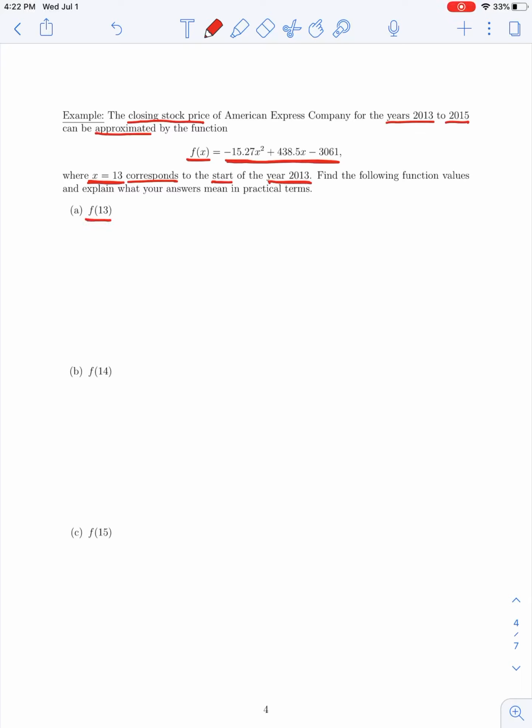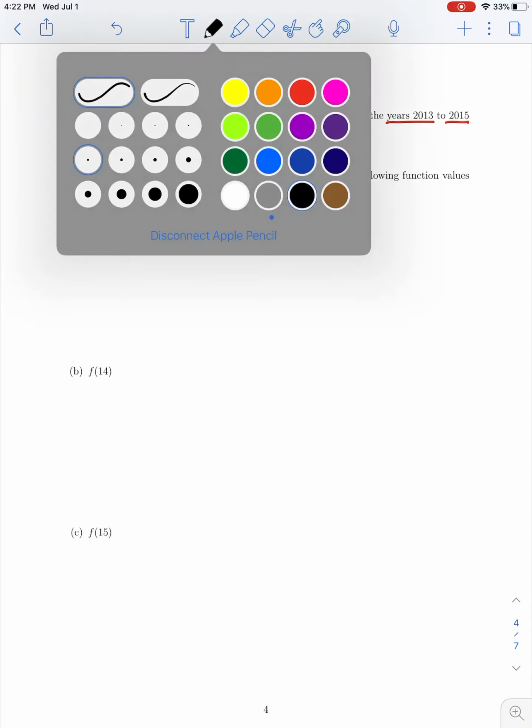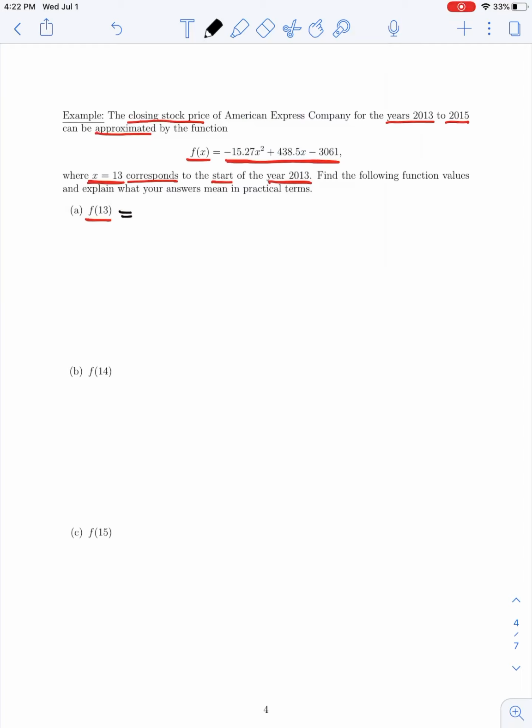Just like with our earlier examples, I want to replace x by 13 in the definition of our function. And we have negative 15.27 times 13 squared, which is 169. Then plus our 438.5 times x, which we're taking to be 13 here. And then minus our 3061 on the end.